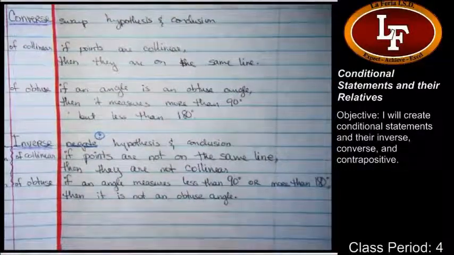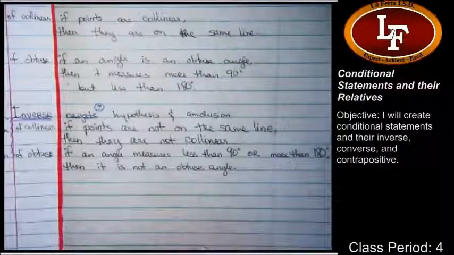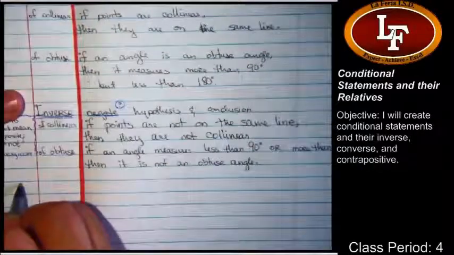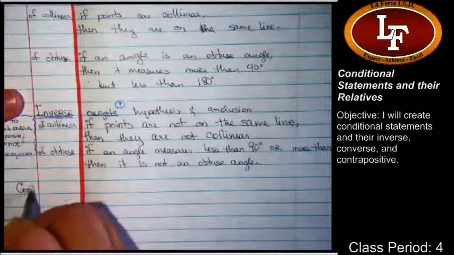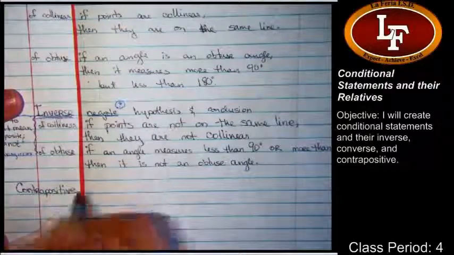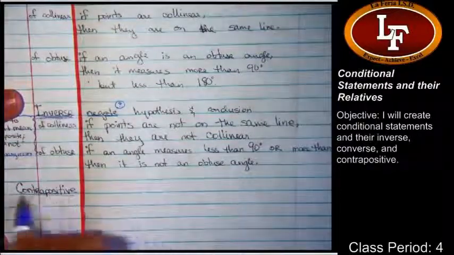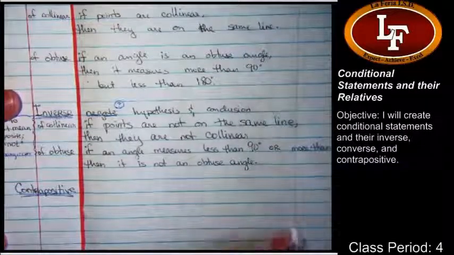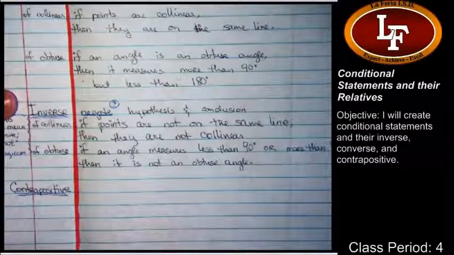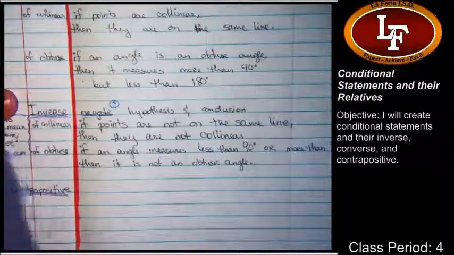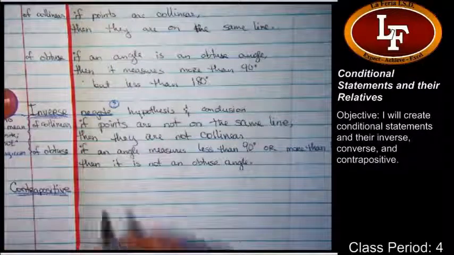Almost. We have one last relative. Here we go. And this relative has the longest name because there's more to do on this one than the others. This relative's name is contrapositive. Contrapositive, you can get to it in three different ways, and it doesn't matter which of these ways you pick, it's going to get you to the same place.